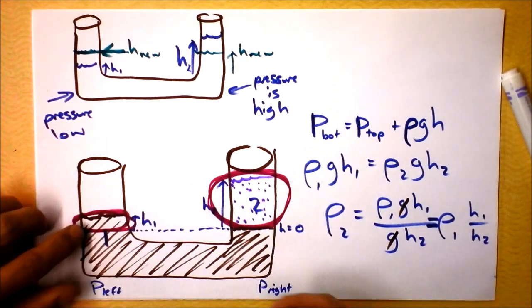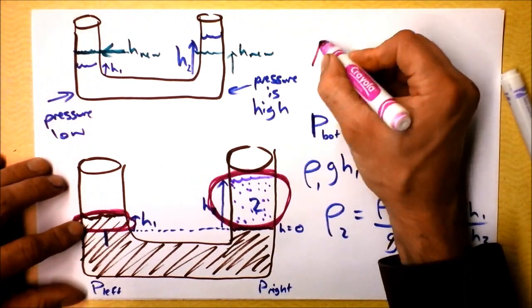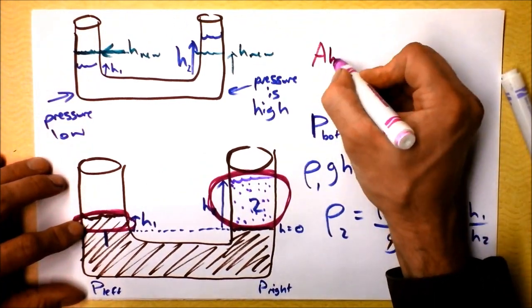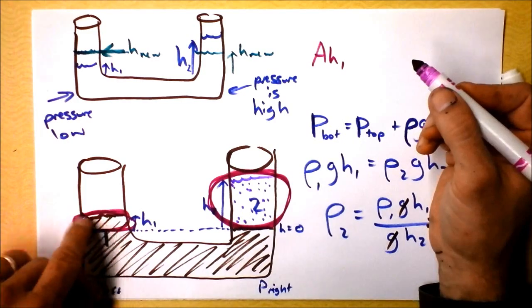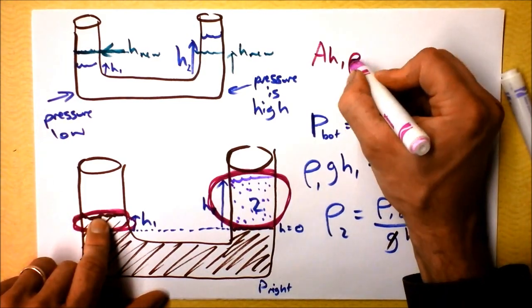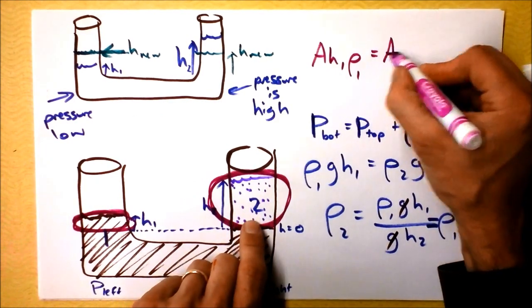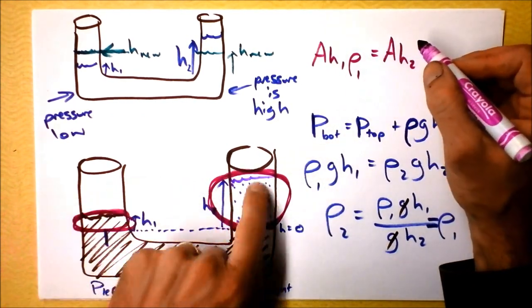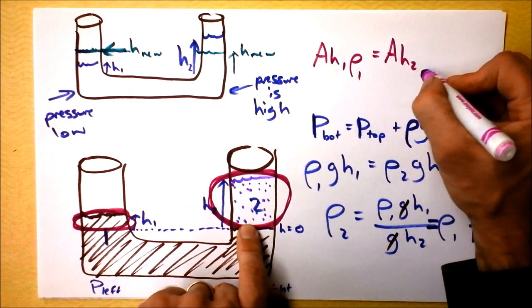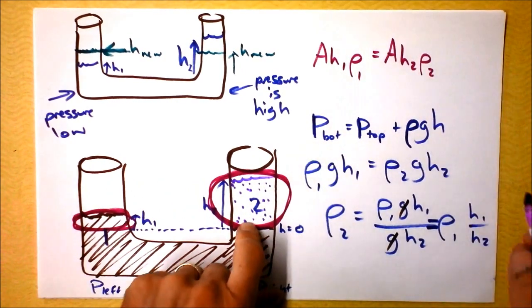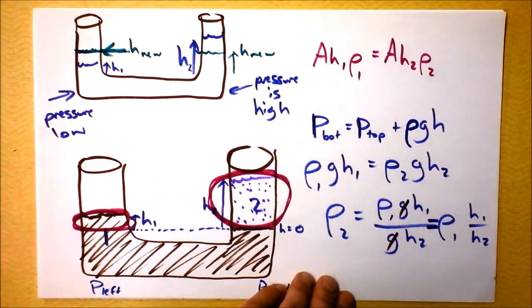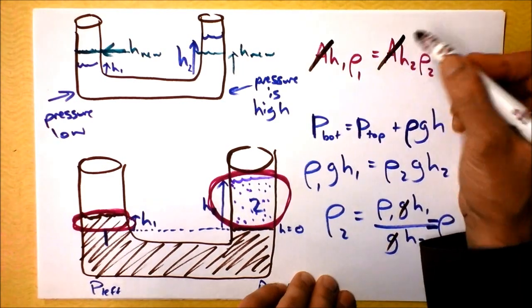The volume here is the area times the height 1, multiplied by the density, rho 1. That's equal to the area times height 2, the volume over here, times rho 2. And this simplifies to exactly the same relationship as we had previously.